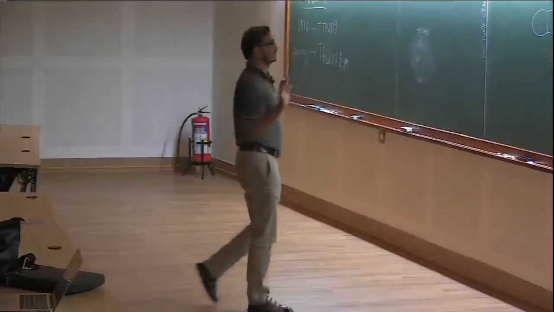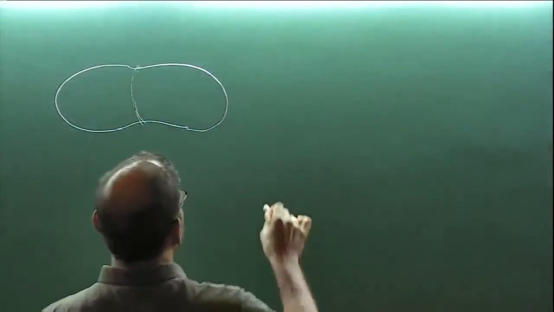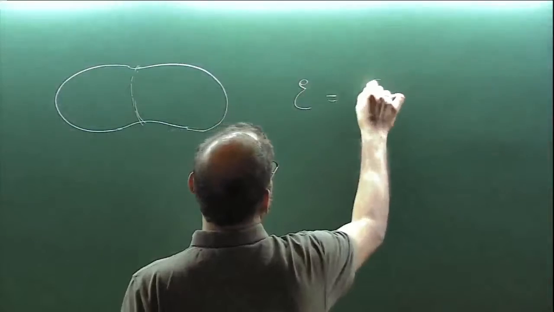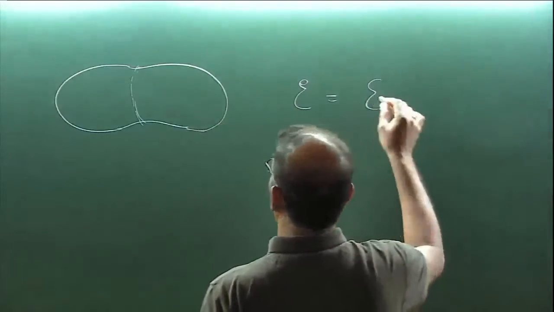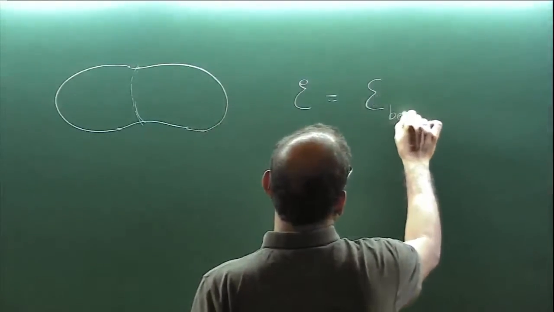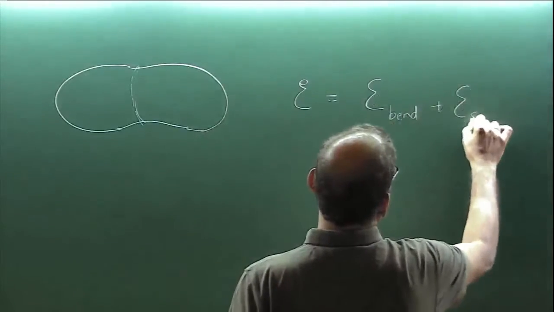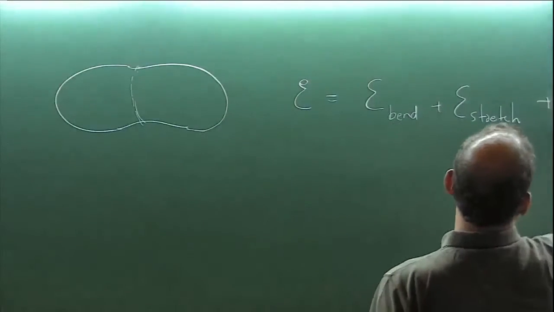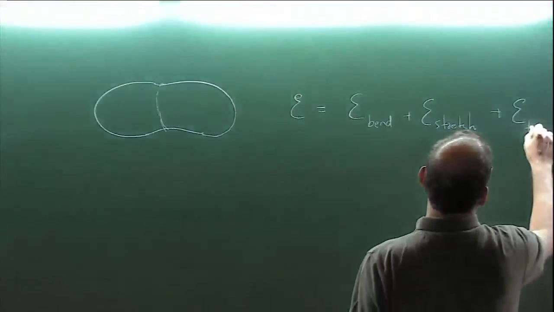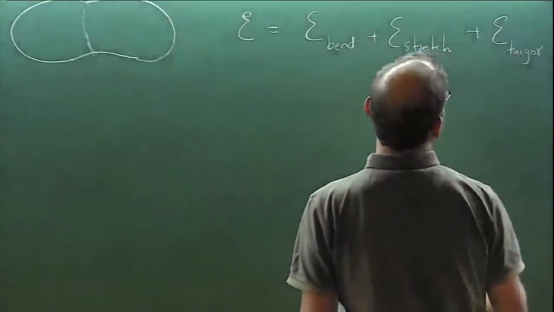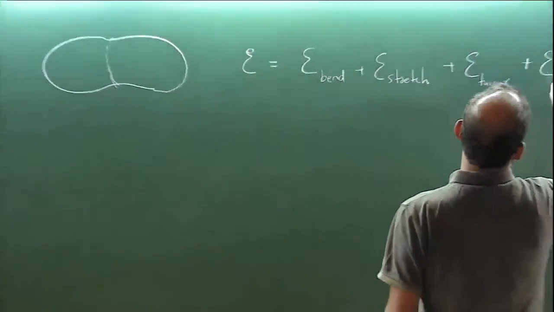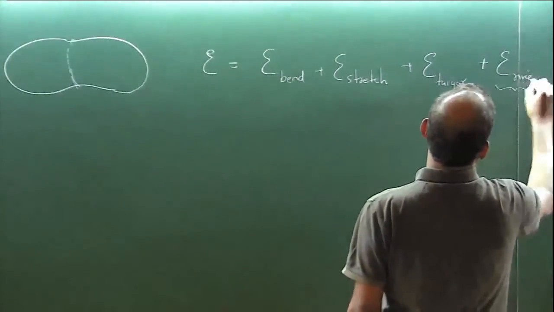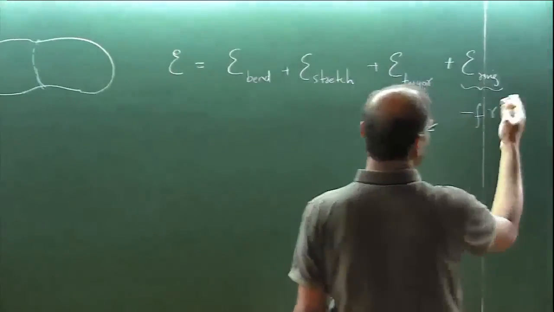So the force itself is not modeled in detail, and they don't say anything about the mechanisms that go into generating this force. But you just start with the total energy of the system, that is, I believe, the bending energy and then the stretching energy, all for the cell wall itself, and then the contribution to energy from the turgor pressure inside the bacterium, and finally the Z ring, which is just modeled as minus F times R or something similar to that.